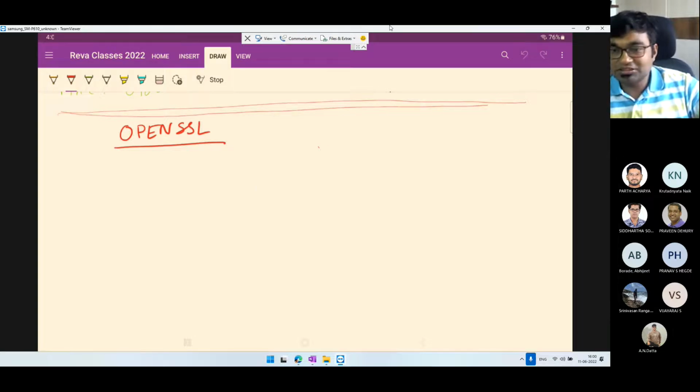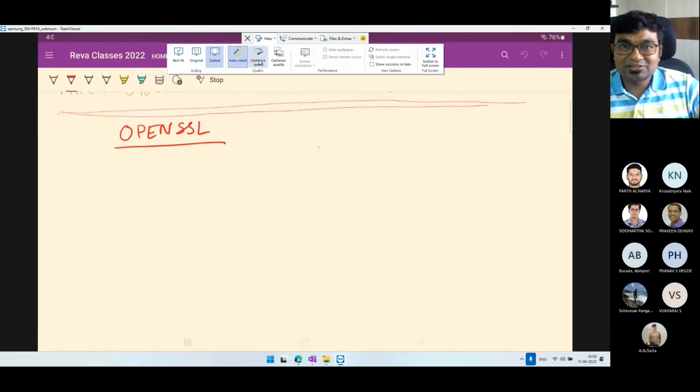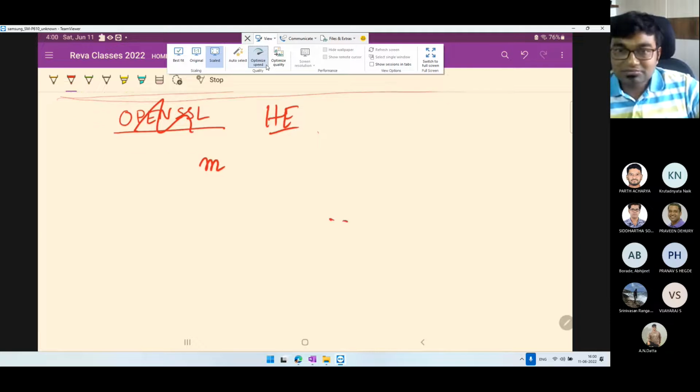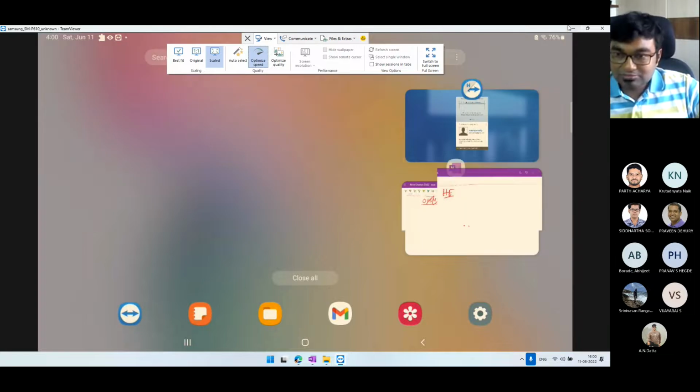This is still not working. The TeamViewer is also not working. Optimize speed. I think this is worse.